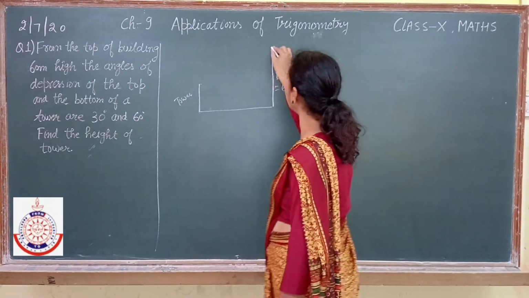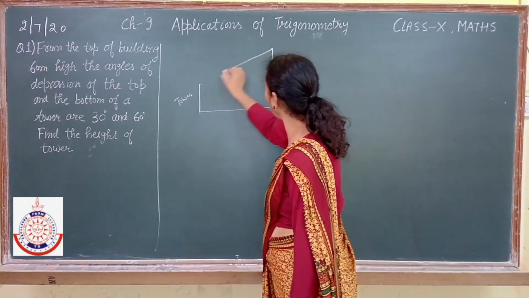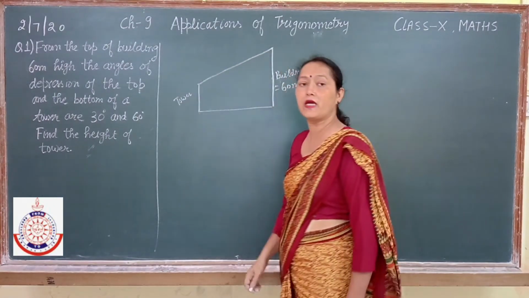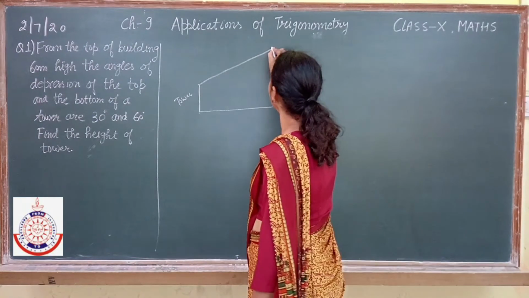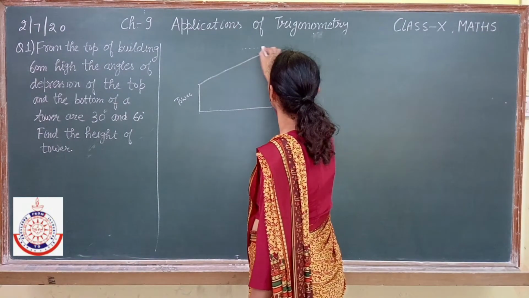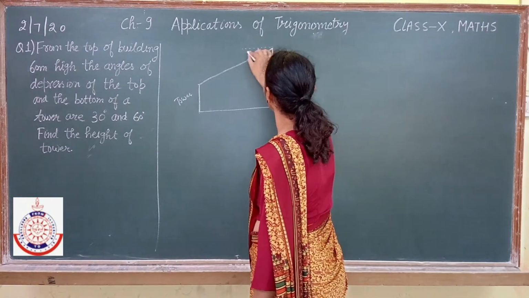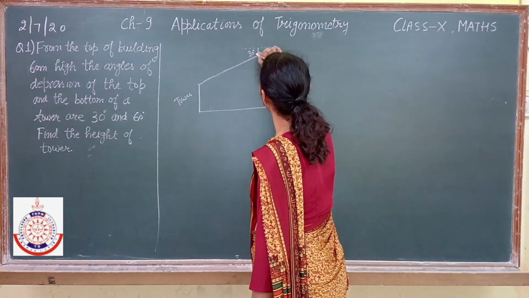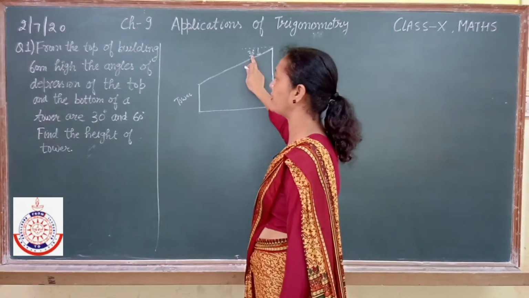First of all, the person has seen the top of the tower. The angle of depression is shown like this. Eyes are coming down, so this angle is 30 degrees.